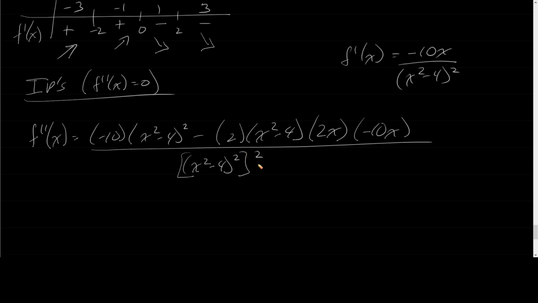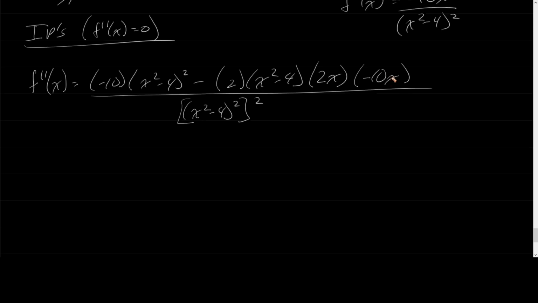Cool. Now, let's see, what can we factor out here? We've got a few things that we can factor out. I see a -10 and a -10. I see an x squared minus 4 and an x squared minus 4. So we're going to have here -10 times x squared minus 4. And then what are we left with?